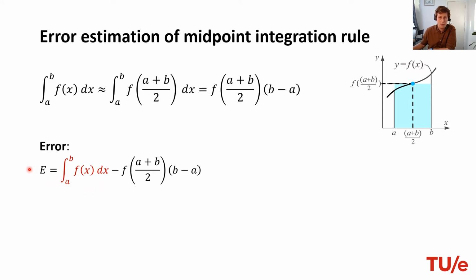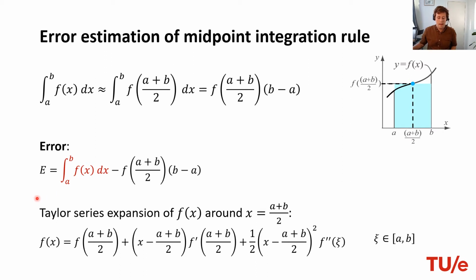Now what we can do is replace this function f of x with a Taylor series expansion of f around the midpoint, the point x equals a plus b over 2. So let's do so, and this gives us this Taylor series expansion of f of x around the midpoint.